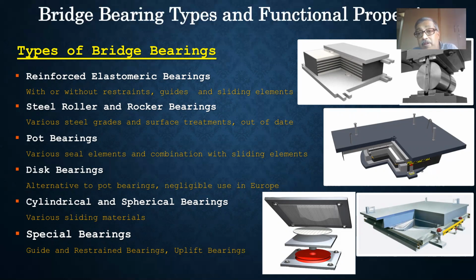We also have the elastomeric bearings, which are very popular for short and medium span bridges. And then we have special bearings, which are uplift bearings or restraint bearings, which help in better seismic resistance. And you also have isolation bearings, which are quite popularly used.